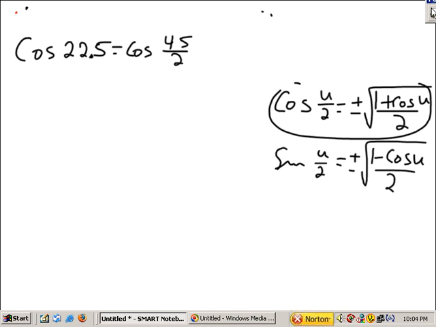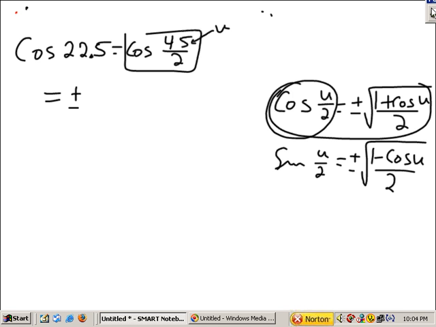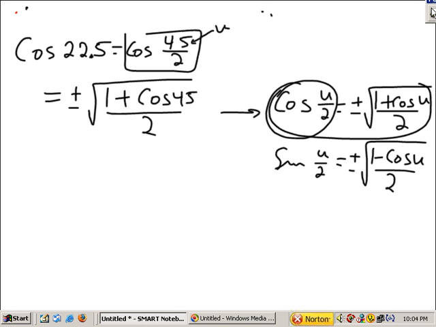Now, it starts to look like this here if I'm assuming that u is 45. That is, if u is 45, this is cosine of u over 2. The cosine of u over 2, I'm just reading the formula right here, is plus or minus the square root of 1 plus cosine of u, 45, over 2.